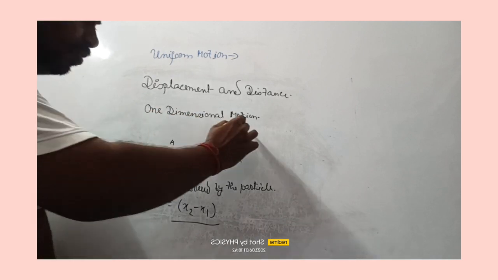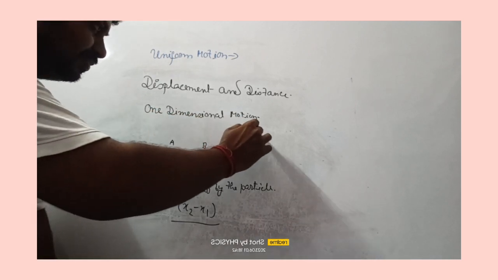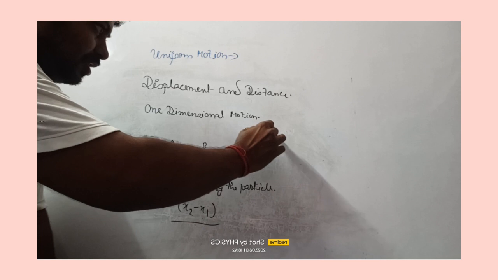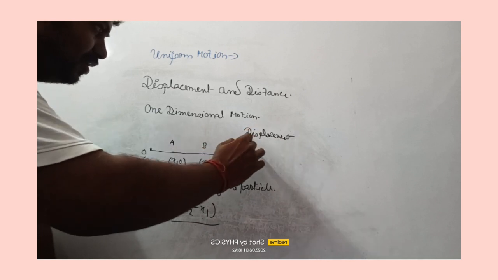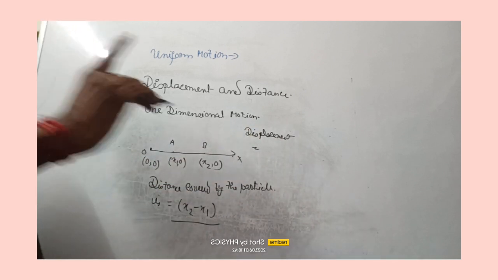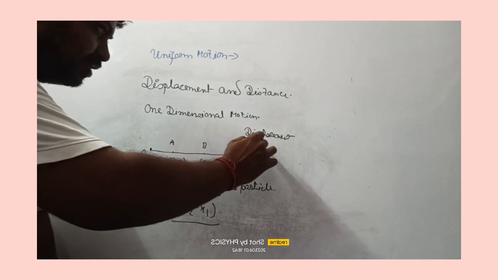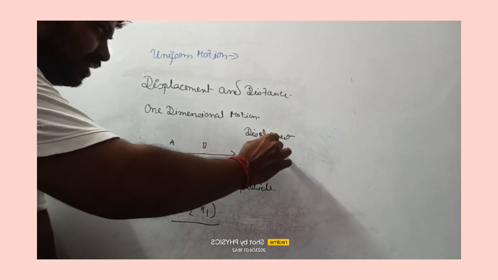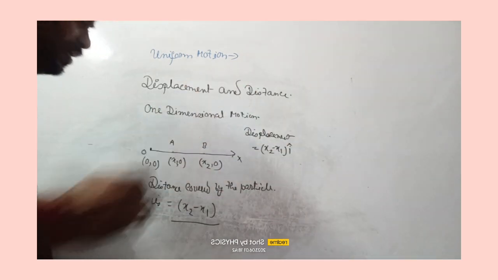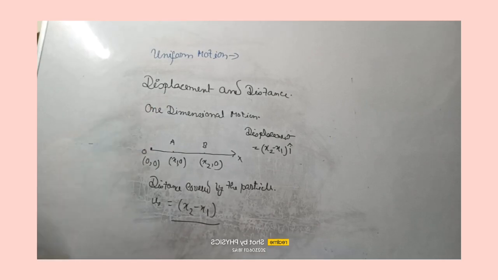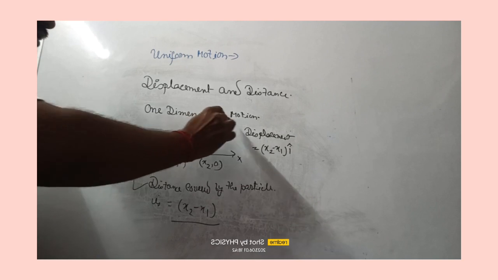Now, what is the displacement? Displacement is equal to x2 minus x1 into i hat, because we are adding the direction, as it is moving in the x direction. So this is the distance, and this is the displacement.